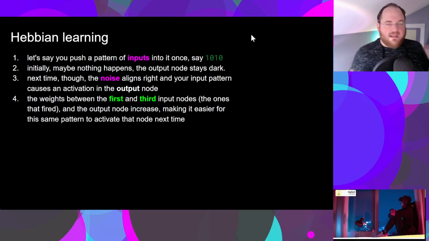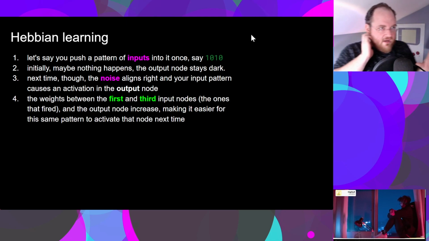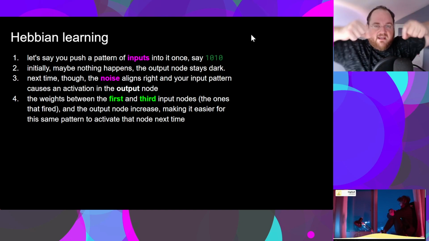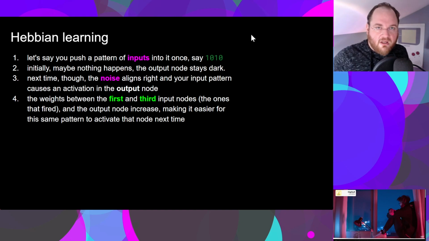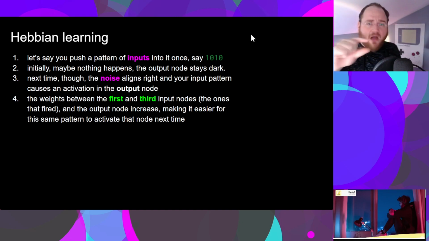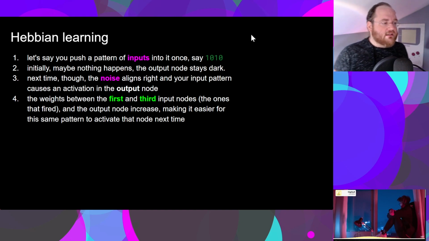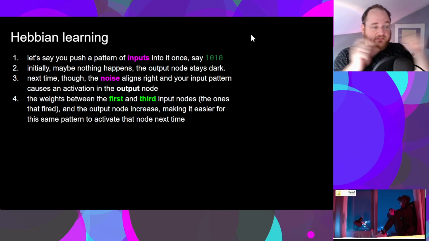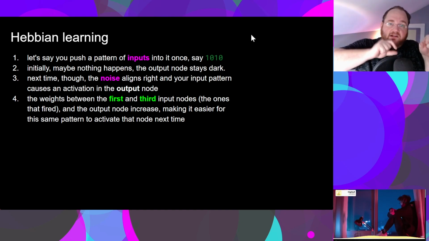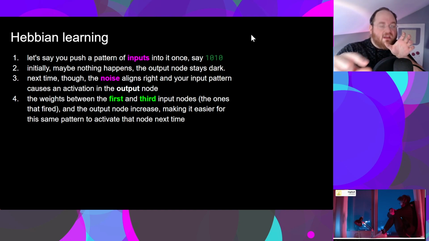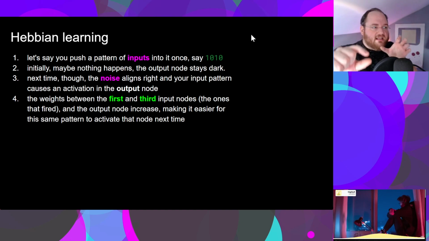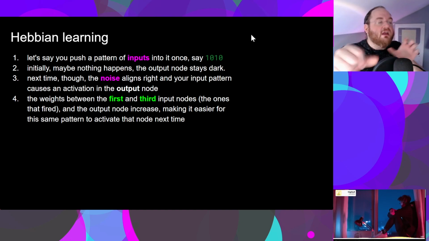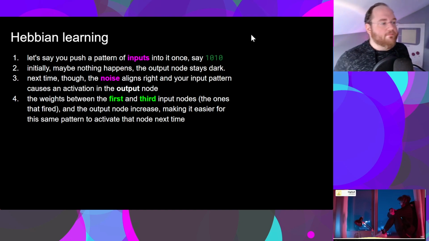So in this scenario, now that we've had some firing patterns, these weights manage to push the threshold over and allow a firing to happen. So now the first and third nodes, because they fired when the output node fired, Hebbian learning comes in and says, hey, that must be a pattern. And it strengthens the weights between those two and the output.